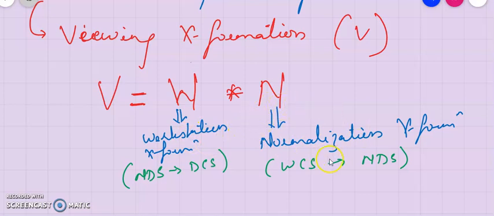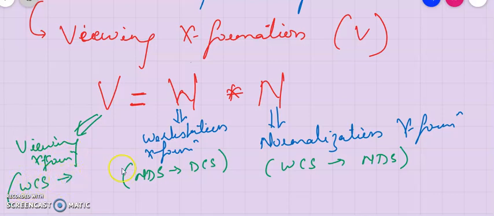So my first transformation converts my window to a normalized device screen, my second transformation converts my normalized device screen to my device coordinate system, and that finally gives me a viewing transformation that will convert my world coordinate system to my device coordinate system.